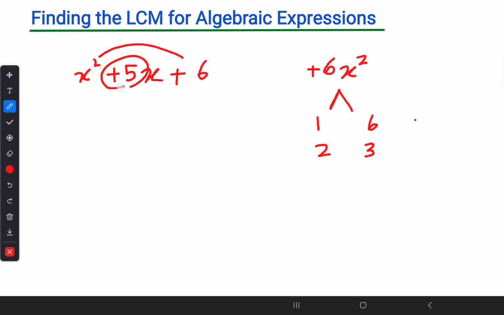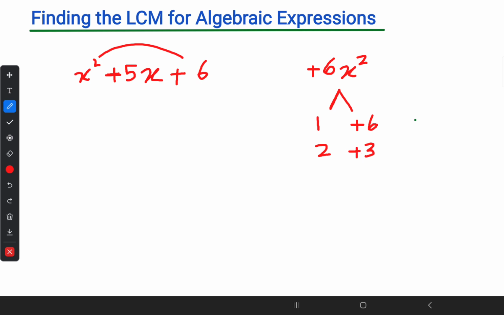The multiplication of the factor pair would be positive 6, and the sum of those two should be equal to positive 5. Since the middle member is positive, we can give positive to our higher number in each pair.